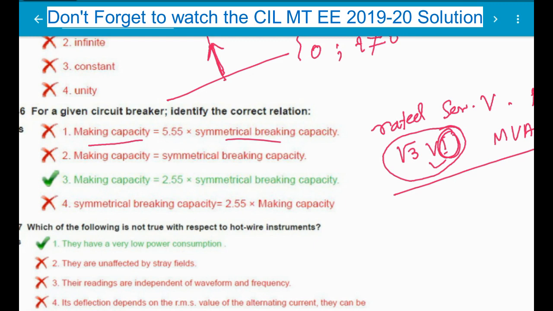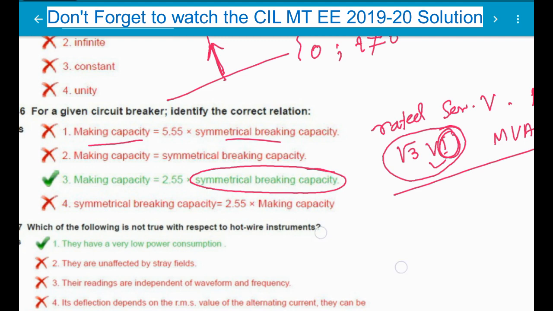So in India, the braking capacity is generally expressed in terms of symmetrical braking current or symmetrical braking capacity, and the making capacity is the peak value of current during the first cycle of the current wave after the closure of the circuit breaker.